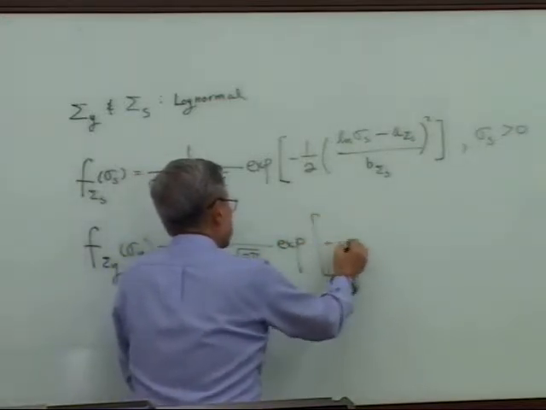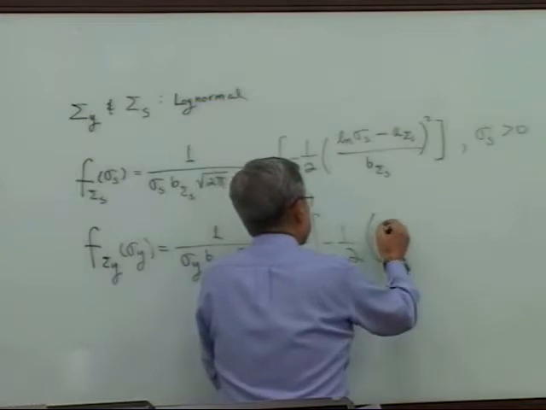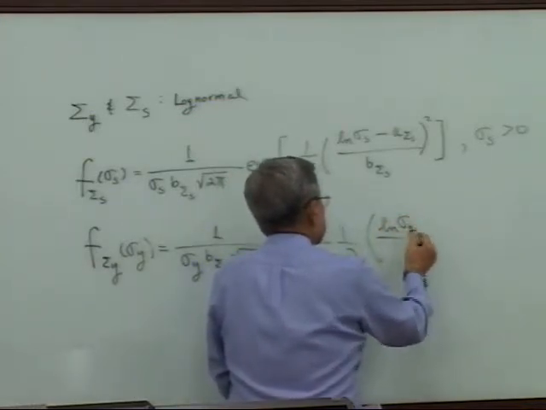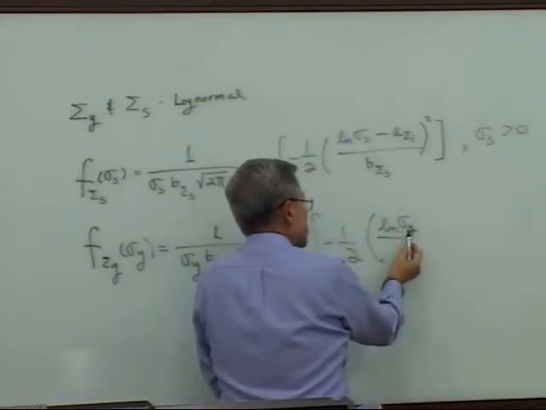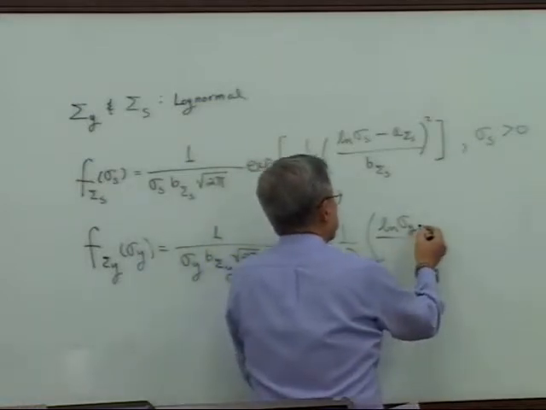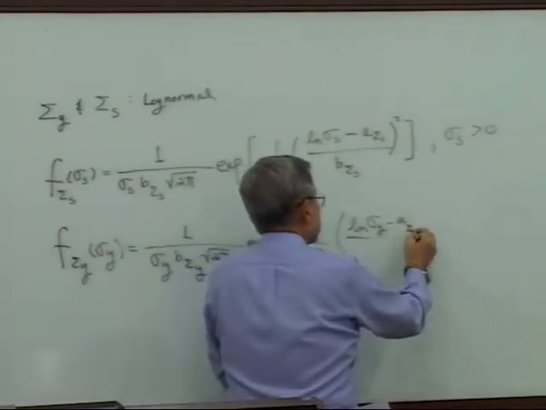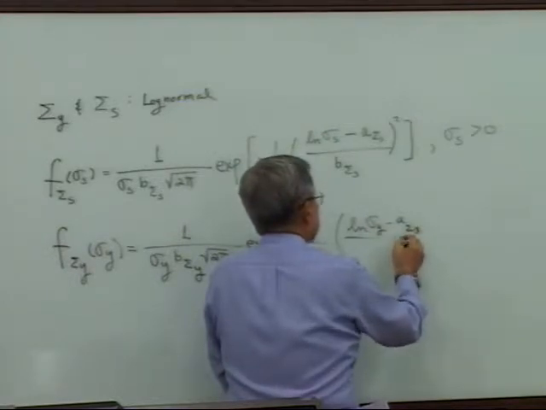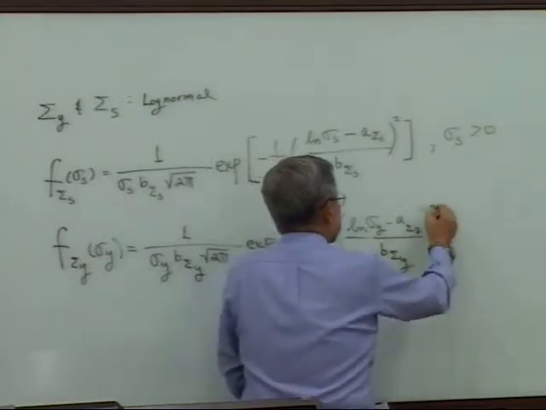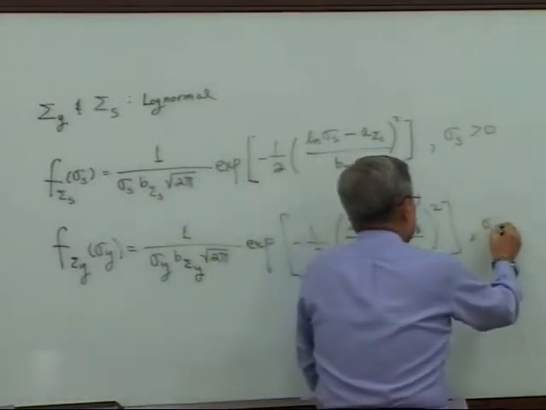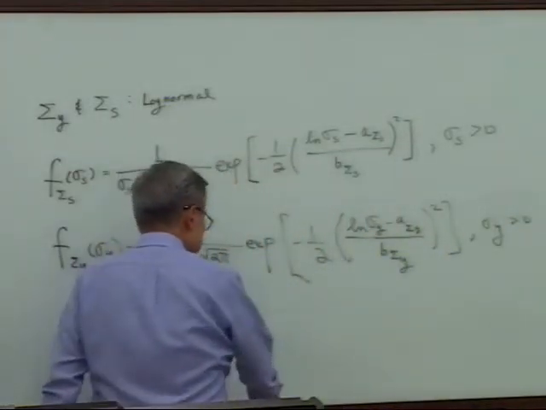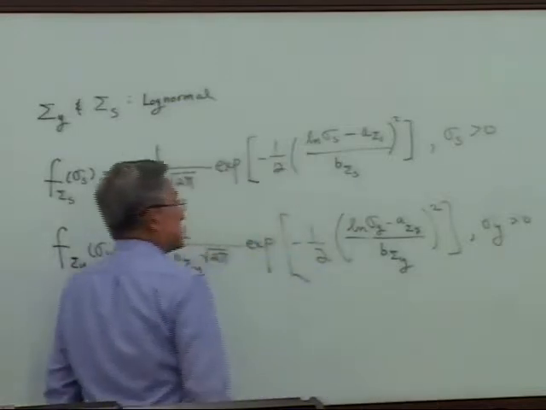Exponential minus half natural log sigma y. So this sigma y is a specific value of the random variable sigma y. So A sigma y, B sigma y. But here the important thing is the definitions.